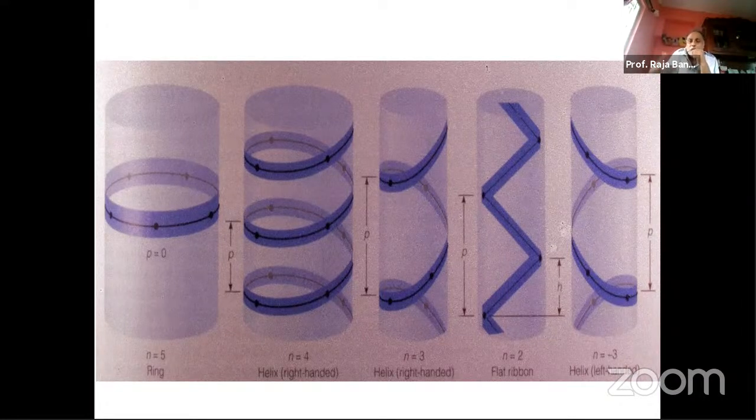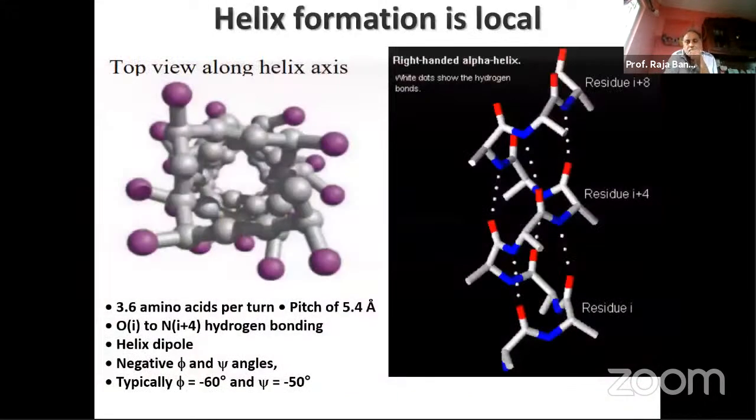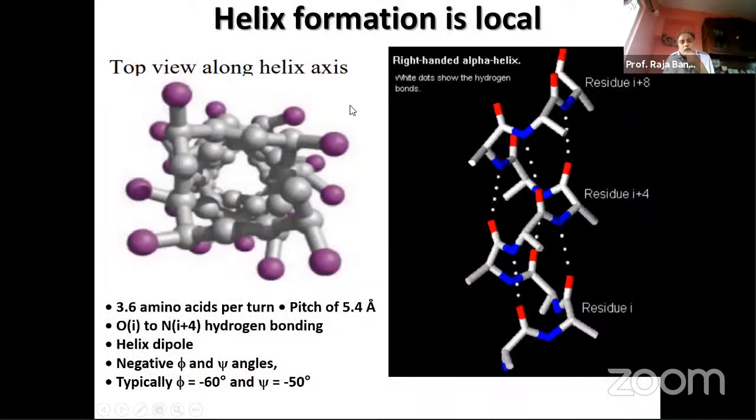Both are rectangular, both are helices, but their pitch and shape are a little different. I have already shown the alpha helix, which is the most common, in a two-dimensional view. Here you find that the R groups are exposed outward, and that is called the van der Waals interaction. This is the reason we find that alpha helices are most common.